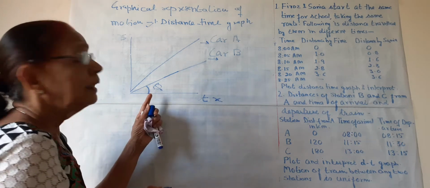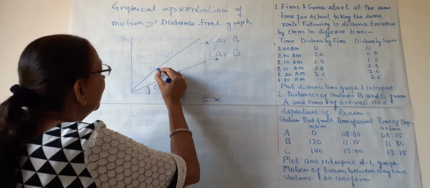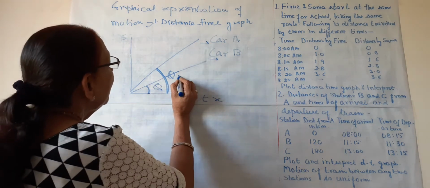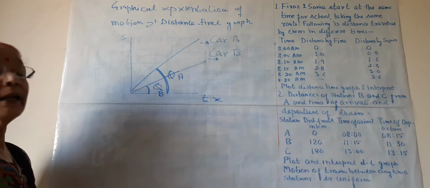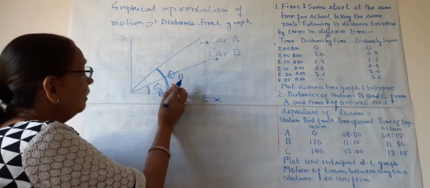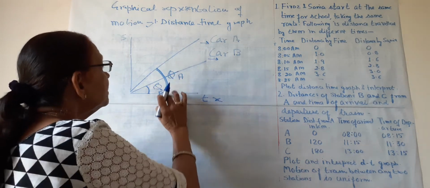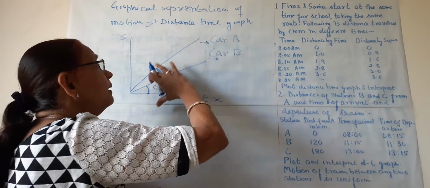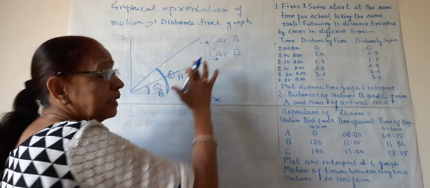Suppose this angle is theta A for car A, and this angle is theta B for car B. We can see this angle is smaller than this angle. When the angle is smaller, the slope is smaller, and when the angle is bigger, the slope is bigger. When the slope is bigger, the speed is faster, and when the slope is lesser, the speed is less.